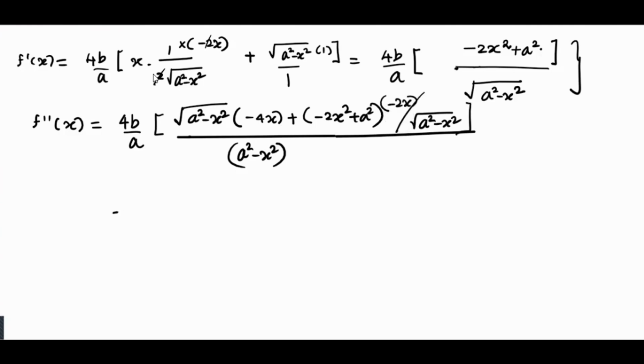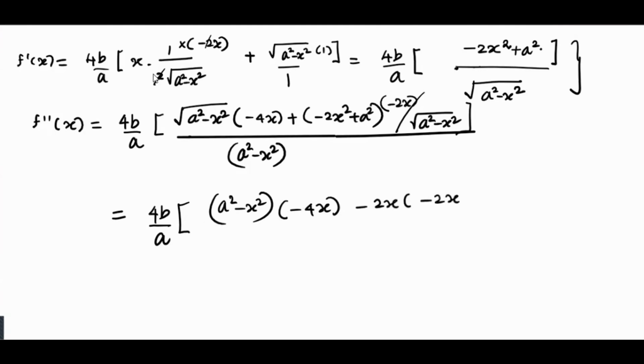Okay, so 4b by a, and this one becomes minus 4x into root of, can we take the LCM here again? So it becomes a square minus x square into minus 4x, and then minus 2x into minus 2x square plus a square.